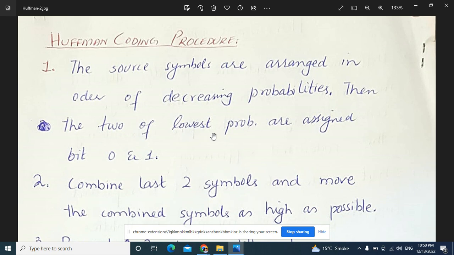Once you do the arrangement of decreasing probability, you need to select the two messages which have the lowest probabilities and assign them bits 0 and 1. I'm talking about a binary message, like if the data is binary, then in that case you have 0 and 1.